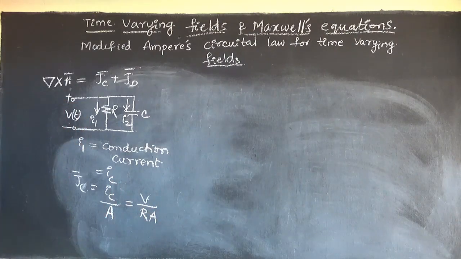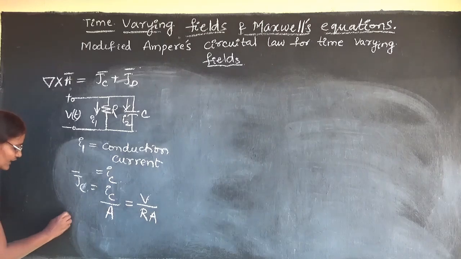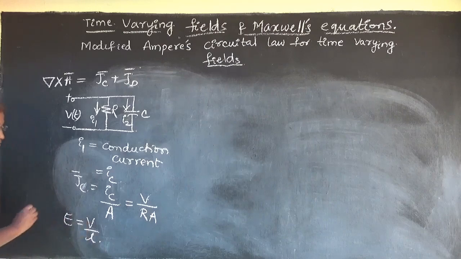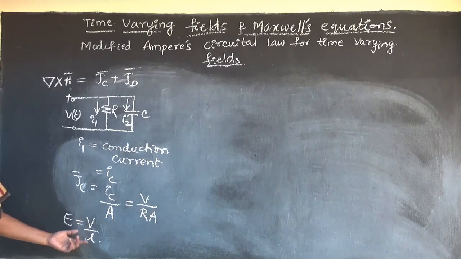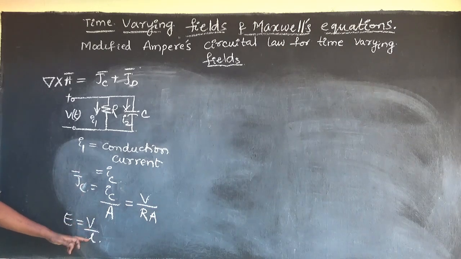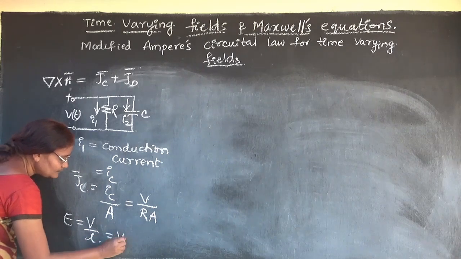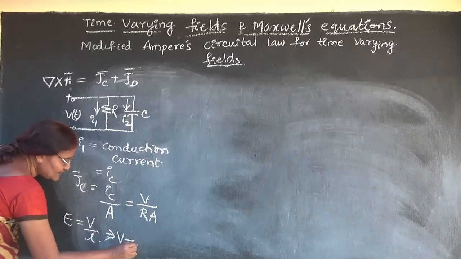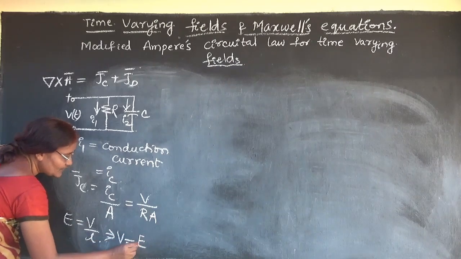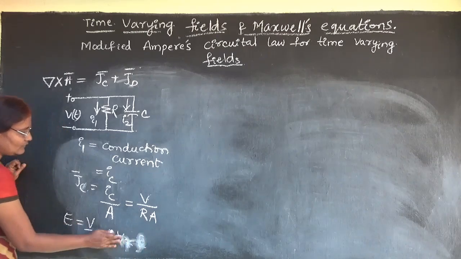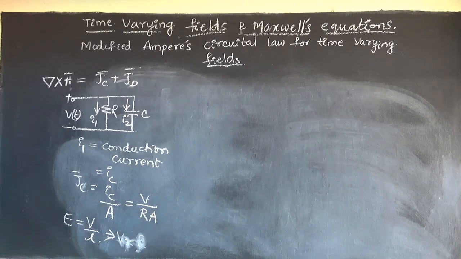Now I know that E is equal to V by L. I will take it as a length, that is the distance. So V is equal to E into L. Otherwise E is equal to V by L I can write. Now I will modify this equation.